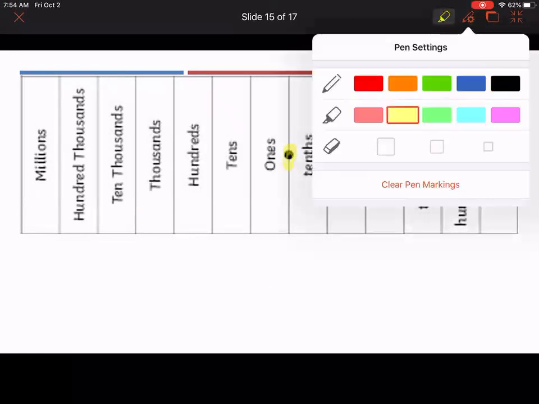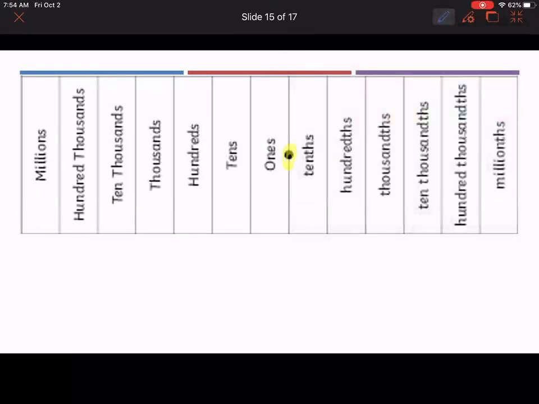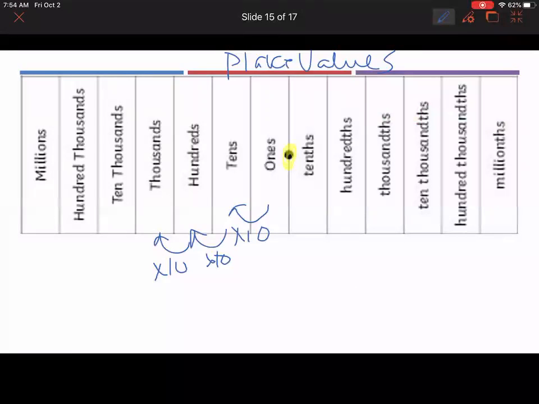And what we can see is that when we go to the left in our place values, we're getting 10 times bigger, times 10, times 10, times 10. And likewise, when we move to the left, we get 10 times bigger in all place values, going from millionths to 100,000ths, or even hundredths to tenths.